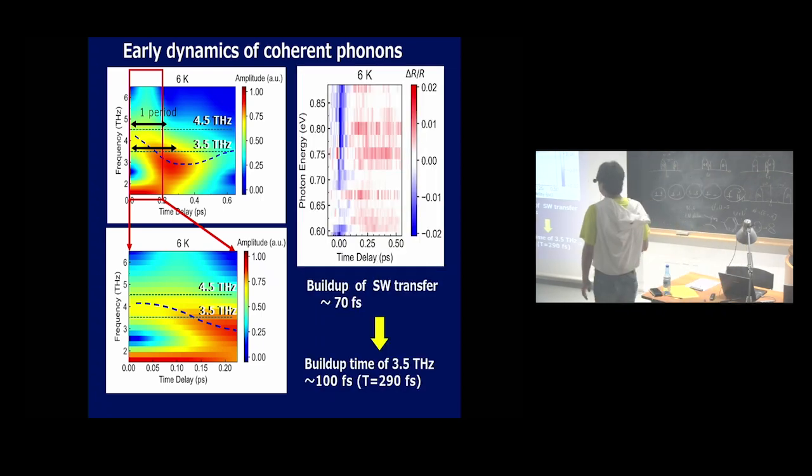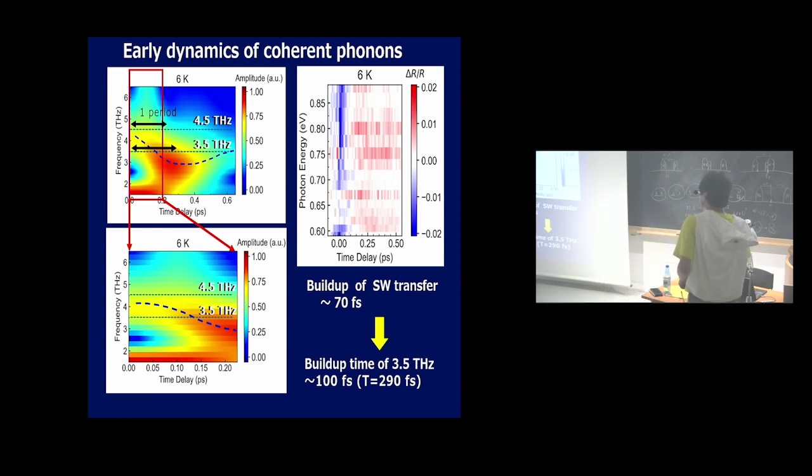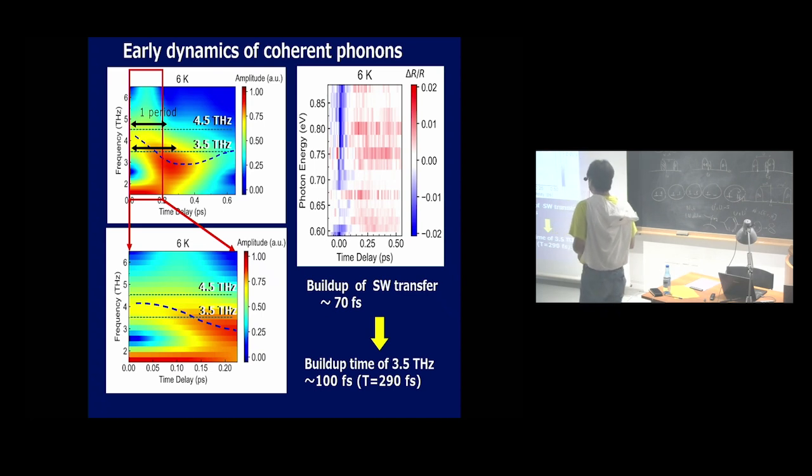So finally, for this part, let's consider the relation between the build-up time of the low frequency coherent phonon and the build-up time of the spectral weight transfer. Let me remind you that the build-up of the spectral weight transfer is about 70 femtoseconds.